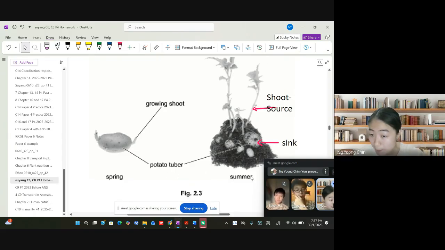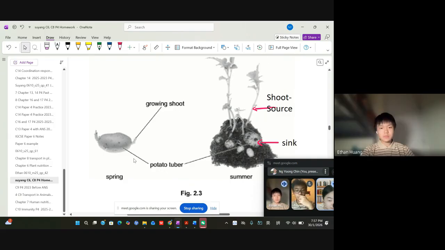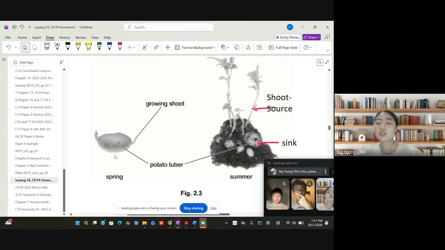Previously in the summertime, the potato tuber is a sink because it just uses up and stores the nutrients, and it gets the nutrients from the shoot, because the shoot can do photosynthesis. But what happened in the springtime? The potato tuber will switch to become a source or sink? Source, yeah, it will become a source.